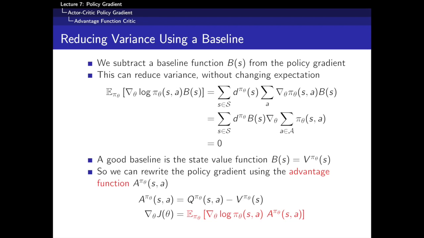This is a probability distribution, so it must sum to 1. So now we have the gradient of 1, and the gradient of a constant is always 0. So this whole term is actually 0. This whole term that we're adding or subtracting has 0 mean, 0 expectation. So it's completely legitimate to add or subtract any term of this form.